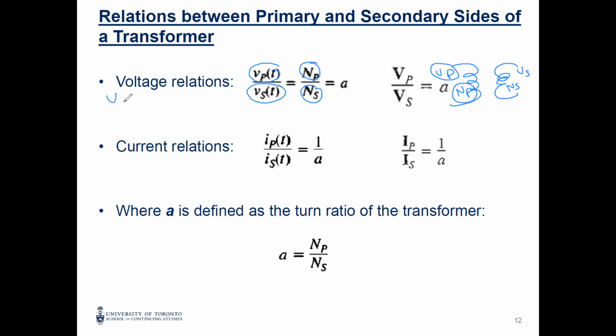So the ratio between voltage in the primary to the secondary equals the number of turns of the primary to the secondary. We call it A, and this is important, turns ratio. Here I put it in the time domain, then in phasor. In phasor, you will see there is no function of time, and I'm using big letters.